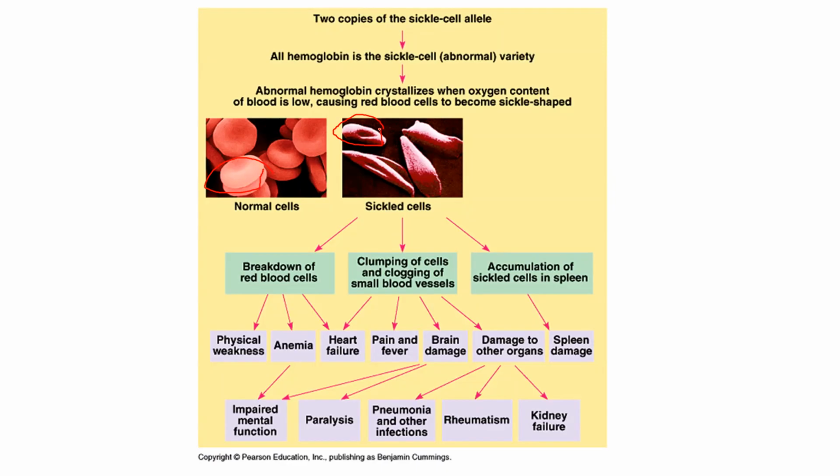They can cause brain damage, paralysis, rheumatism, kidney failure, one whole cascading host of negative impacts, all because of one gene. Okay? So, that is pleiotropy. You have multiple negative impacts caused by one gene not functioning properly.